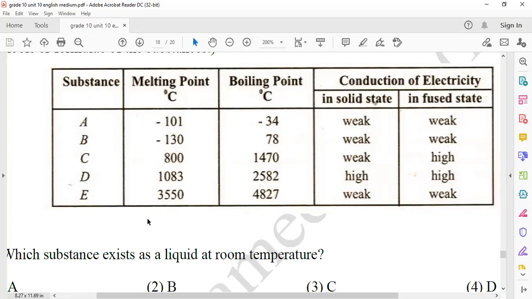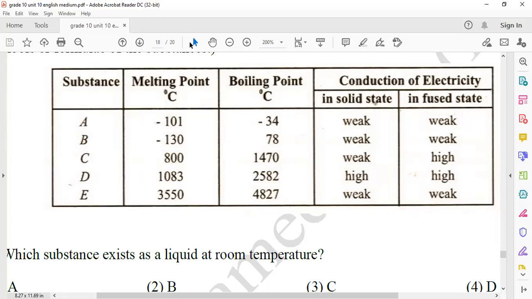Is that chance there for A? No. Can B? No. It is liquid. Correct? Yes. So C can be, D can be, E can be. Am I right? Yes, sir.